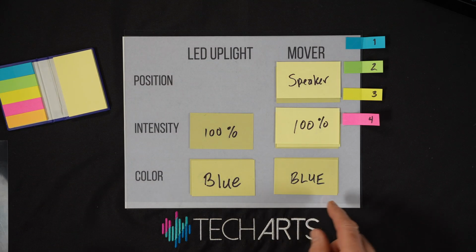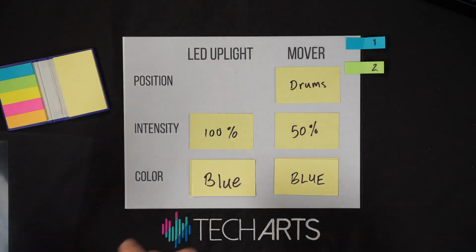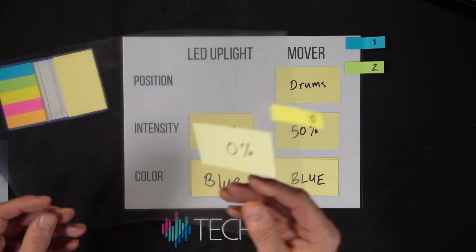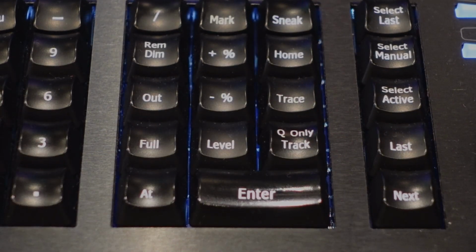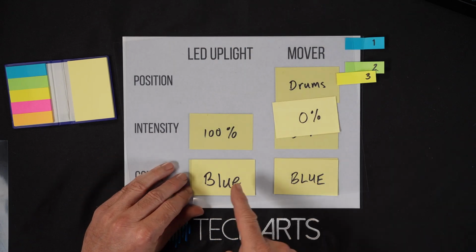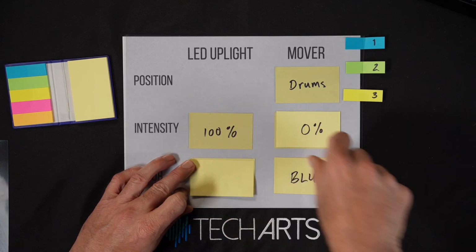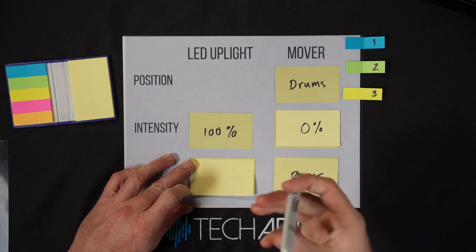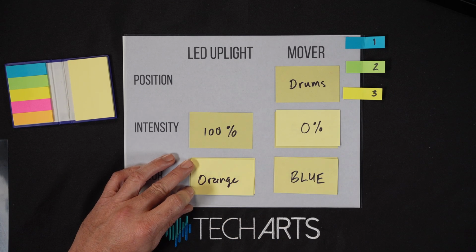But what if we wanted it to change back to orange in this cue? All boards will have a way for you to tell the console to automatically, once you make this change, to then either leave it or go ahead and change it back to the color it would have been had you not made that change.